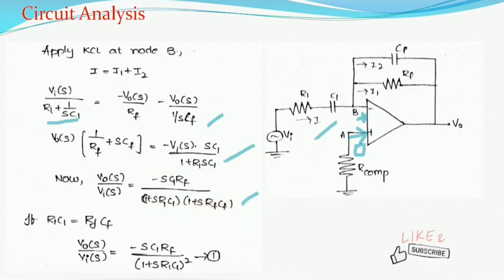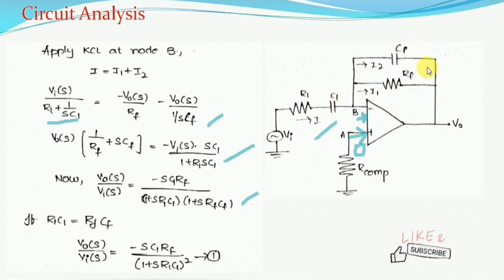Now come to the second drawback of the ideal differentiator circuit. For higher frequencies the capacitive reactance is negligible, which means it allows the noise components. We have to maintain a relation such that this op-amp circuit will reject the noise components. To maintain that, the product R1 C1 should always be equal to the product RF CF.